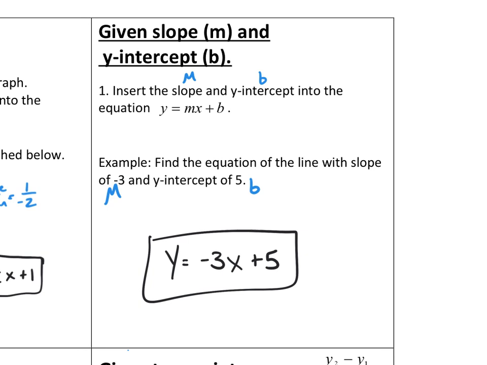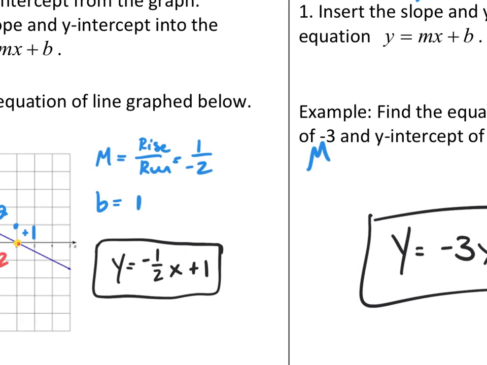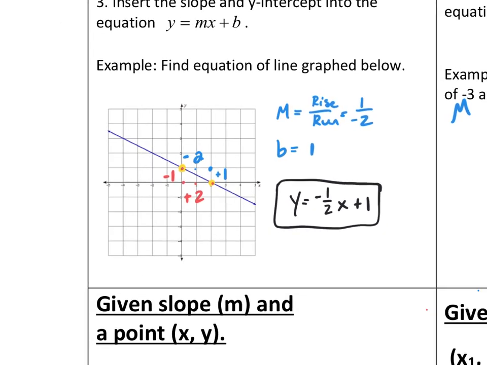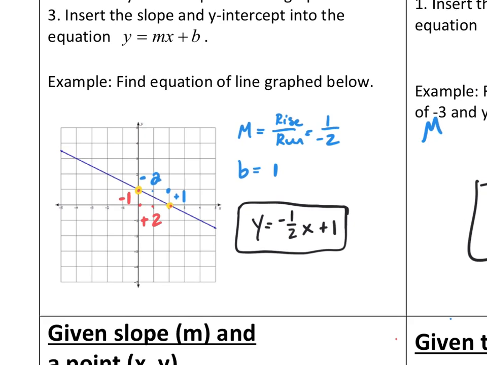Yes, sir. How did I get the 1 for B? So on the last one, just going back real quick, how I got the 1 for my B value is this line crosses the y-axis at the number 1. That's where I got it.